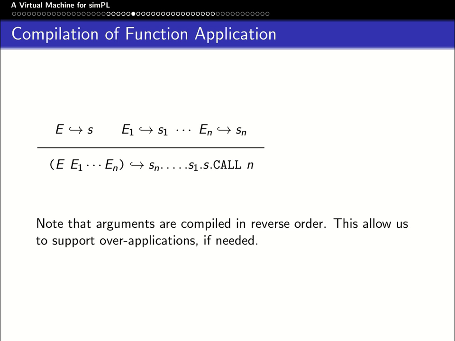Sn will go into the stack, right? And then Sn minus 1 will go into the stack. And when I reach the point of S, what I see in the stack in order are S1, S2 up to Sn. If I were to pop from the stack at that point, I'm going to pop in the order S1, S2, Sn, right? So the arguments are going to come in the natural order from the stack. And that's the reason we want to compile in reverse order.